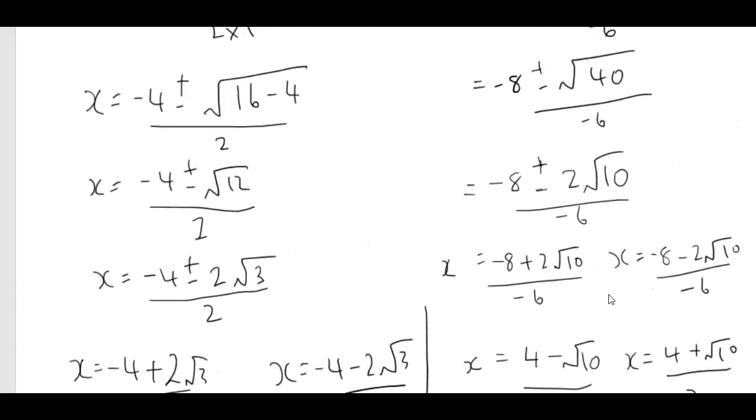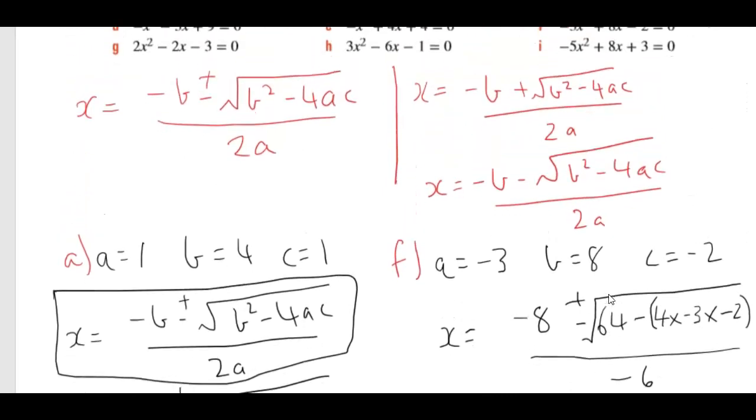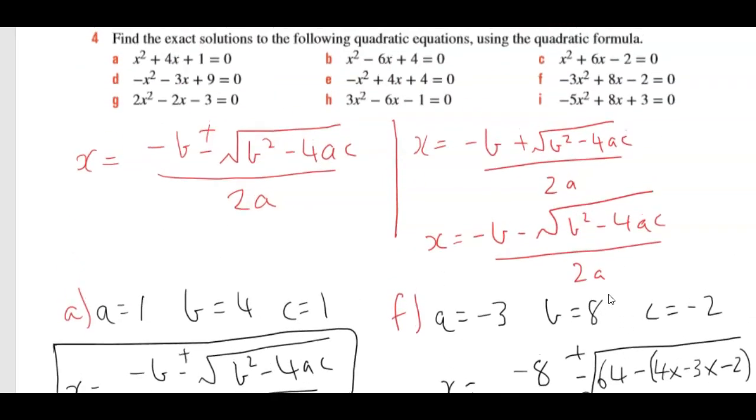Just going back to the start here, because I was thinking of something as I was doing that. So question F, which is what we just did, if you wanted to, you could get rid of that negative here and turn that into 3x squared minus 8x plus 2. So you're changing the signs of everything. You're not really changing the parabola at all.